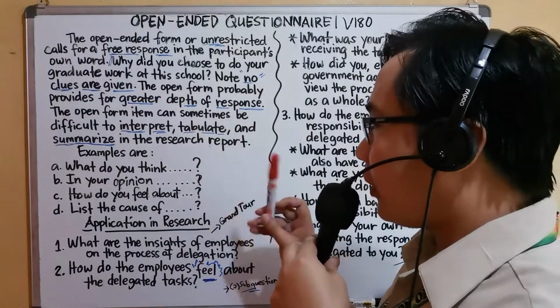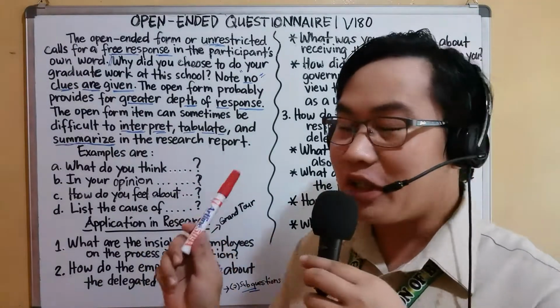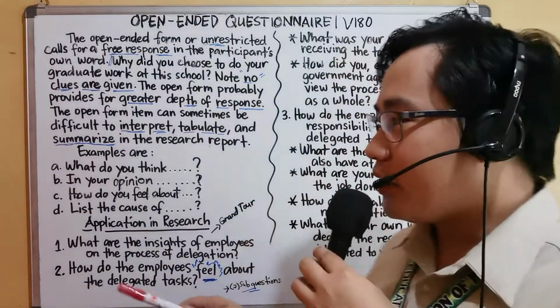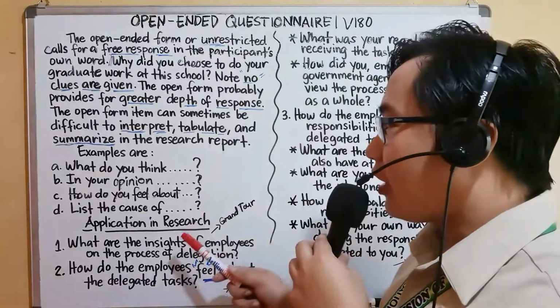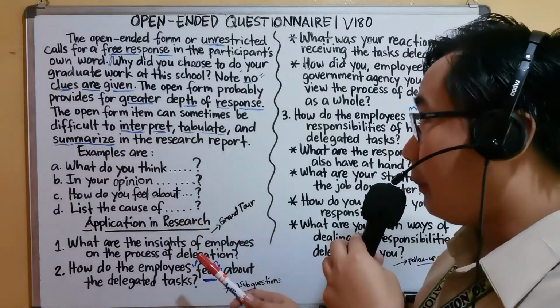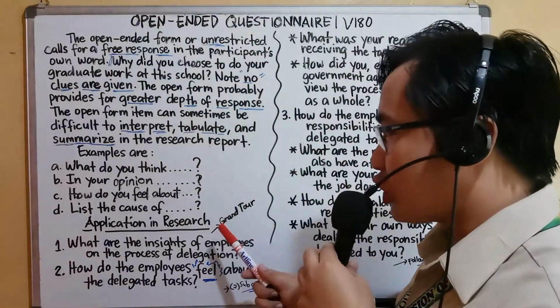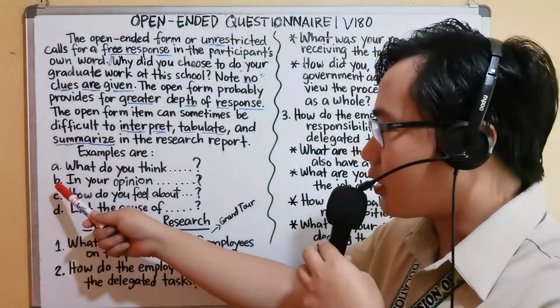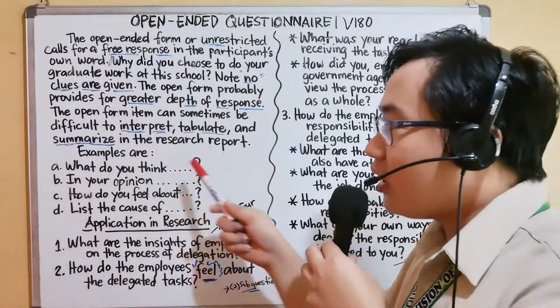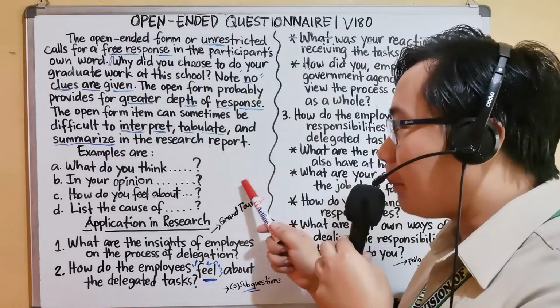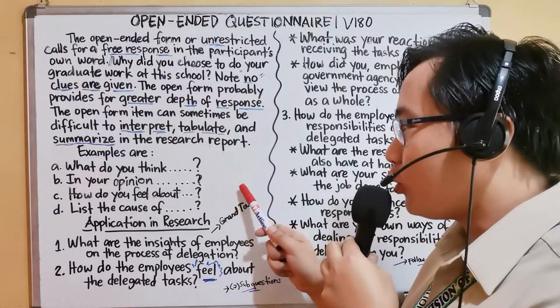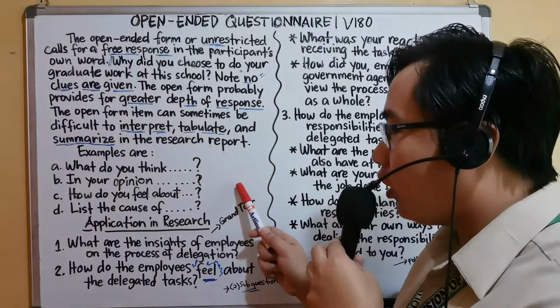So, in the whiteboard, makikita ninyo, meron tayong ibinigay na mga examples. These are some of the lines na magsa-start or magsisimula pag sinabi nating open-ended question. Like for example, sa letter A, nakasaad dito, what do you think, dagdagan mo, depende sa topic na ifinocus mo or gusto mong itanong sa isang tao. Okay?